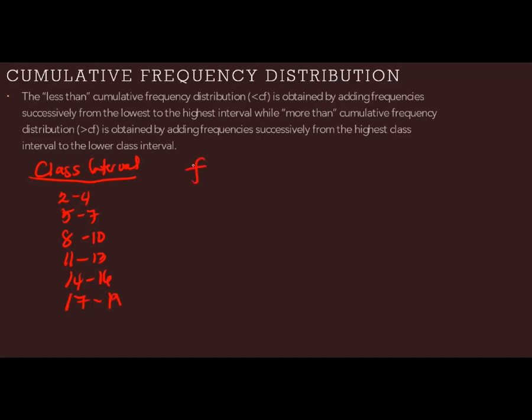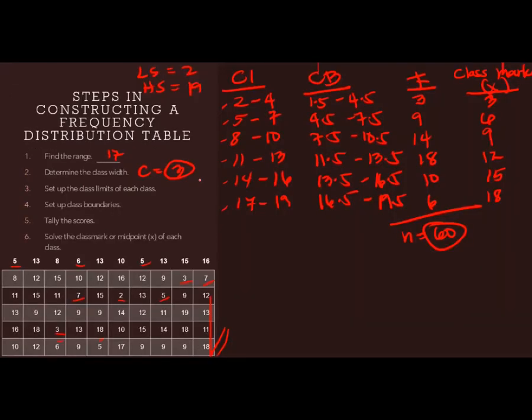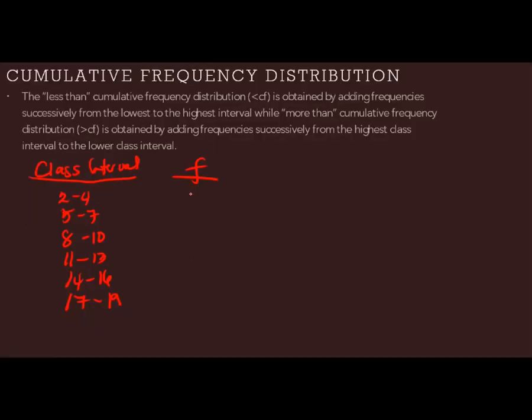Then I have to write down the frequency, like before. So we have 3, 9, 14, 18, 10, and 6.